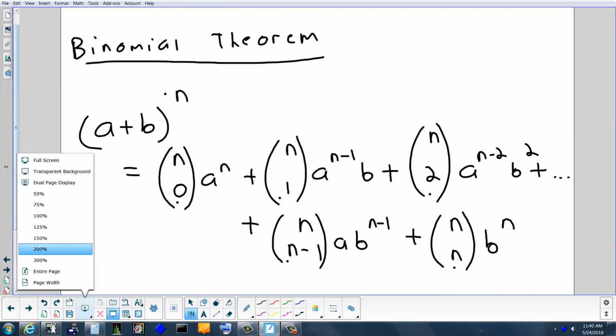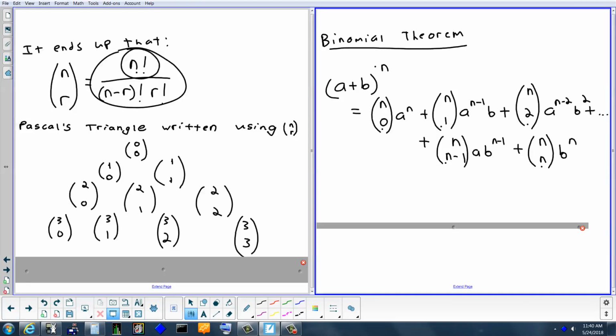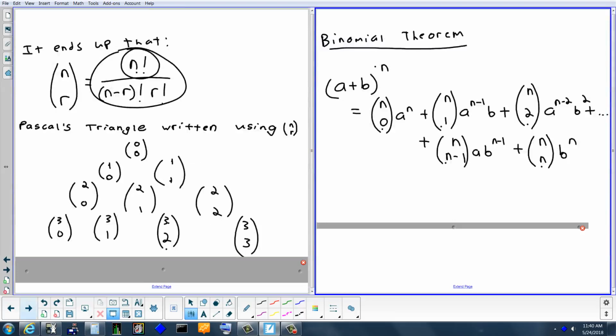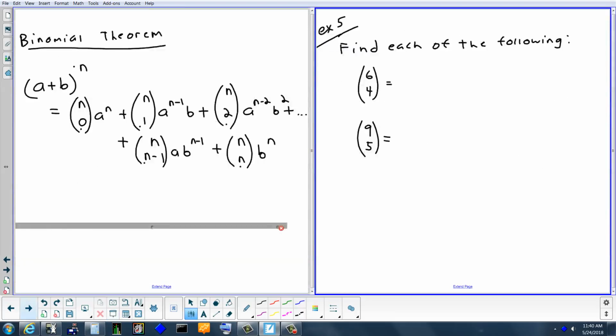So no matter what I ask you to calculate, if I ask you to calculate 3 choose 2, or 6 choose 4, or 9 choose 5, what kind of answer are you always going to get? Just a constant, a single number. Can anyone be more specific about the type of number?